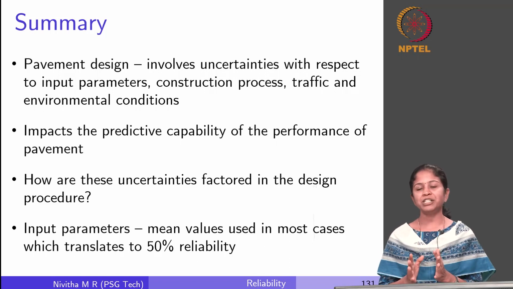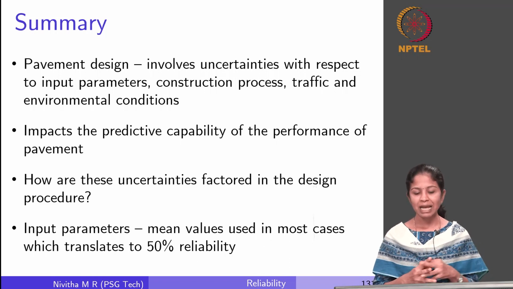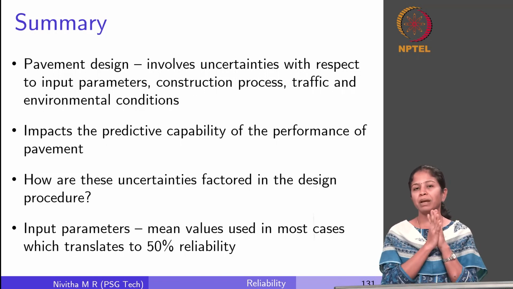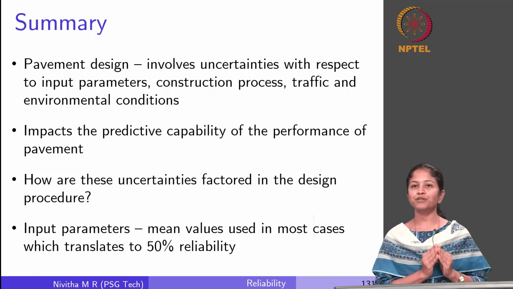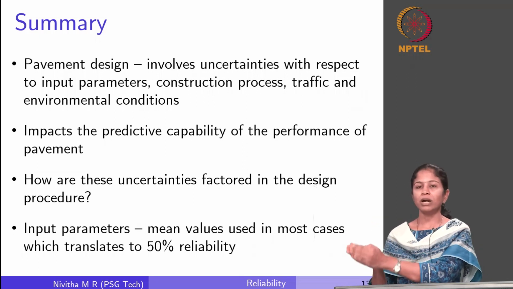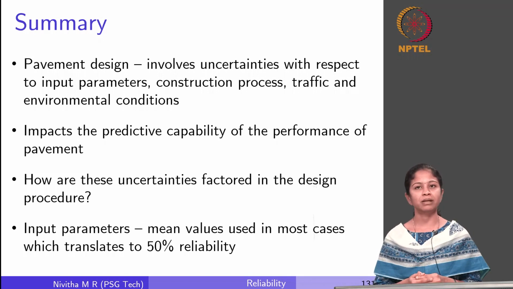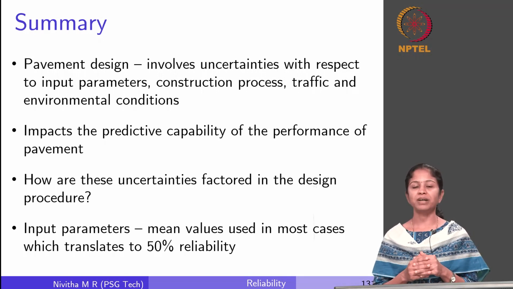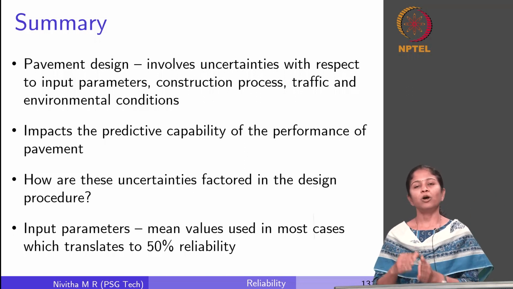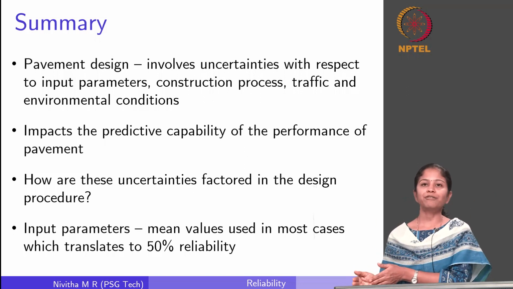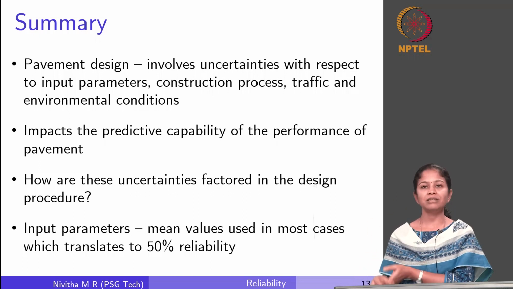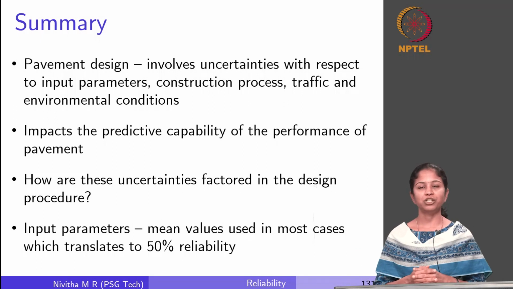So the variations in all of these parameters impact the predictive capability of performance. So if I am able to precisely specify values for all these input parameters, I will be able to precisely say what is the expected performance of the pavement. Since we have a lot of uncertainties associated with all these input parameters, we also have the same degree of uncertainty, or the combined influence of these uncertainties, on the performance prediction also.